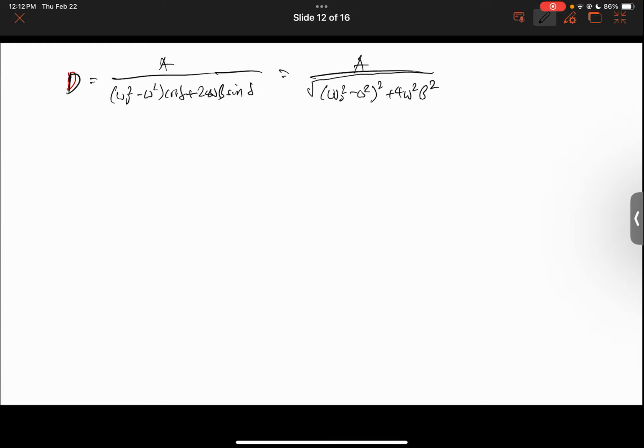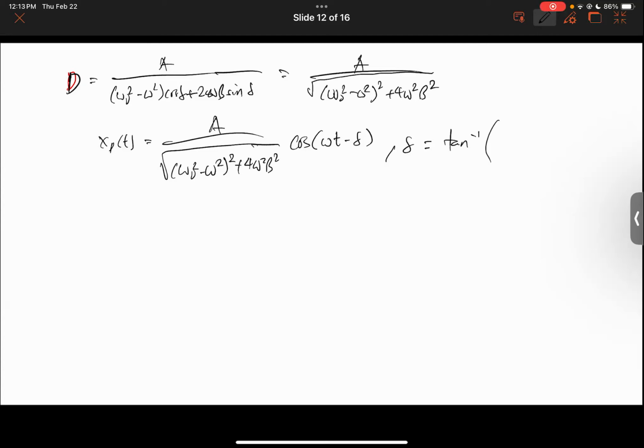Okay, so if we do that, then we get this particular solution, which is equal to a over the square root of omega naught squared minus omega squared squared plus 4 omega squared beta squared cosine ng omega t minus delta. And of course, delta here is defined as tangent inverse nung nakuha natin kanina, 2 omega beta over omega naught squared minus omega squared.